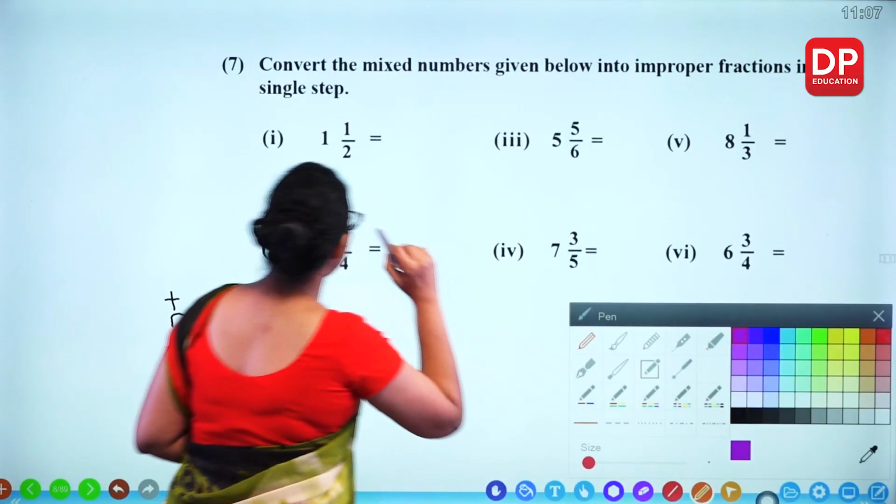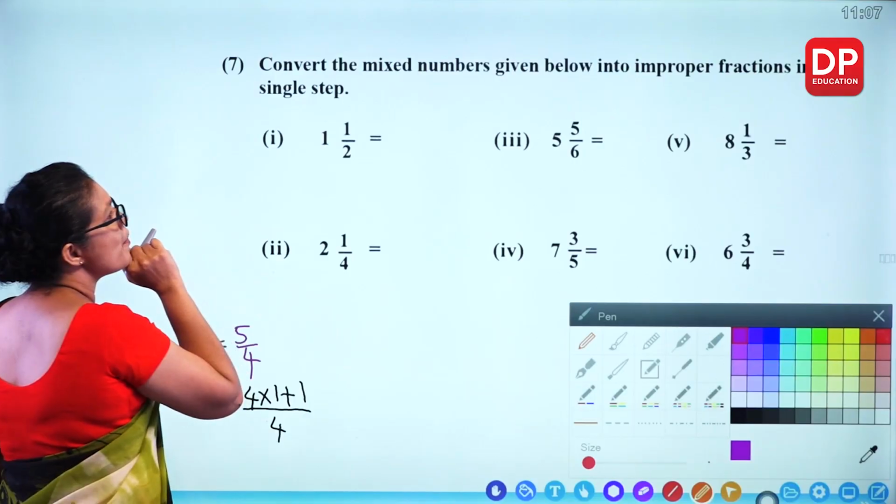Now we'll use the same procedure. How do you convert to an improper fraction?